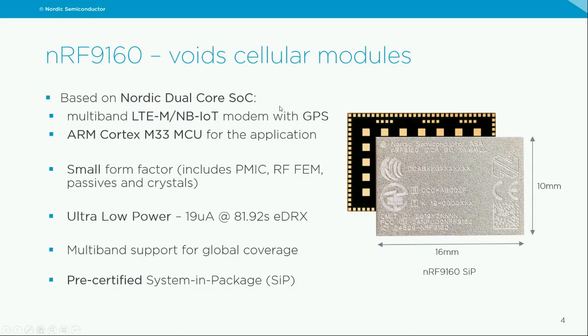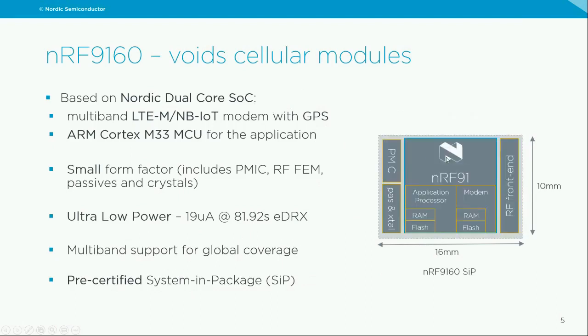So inside the system in package, there is a system on chip that also comes from Nordic, and around it, almost everything you need in order to realize a low power and highly integrated cellular application. If we take a glance inside this system in package, we have the nRF91 chipset from Nordic, which contains both the application processor built around an ARM Cortex-M33 microcontroller and the modem, which supports LTE-M, narrowband IoT, and GPS.